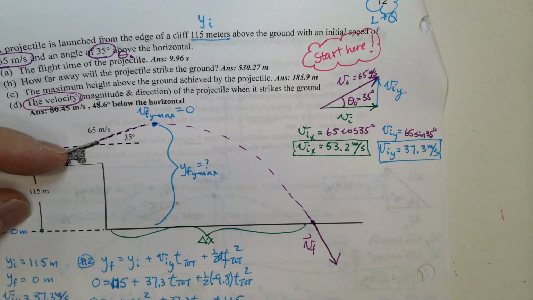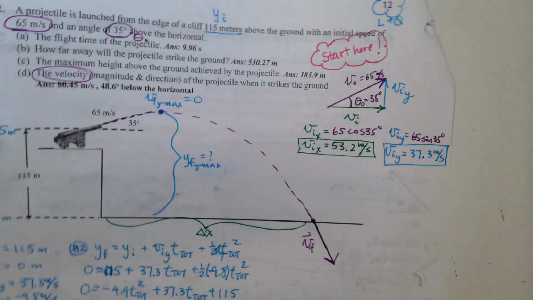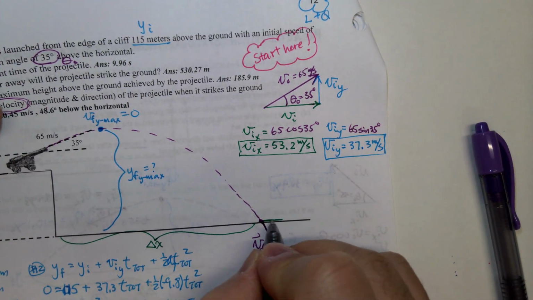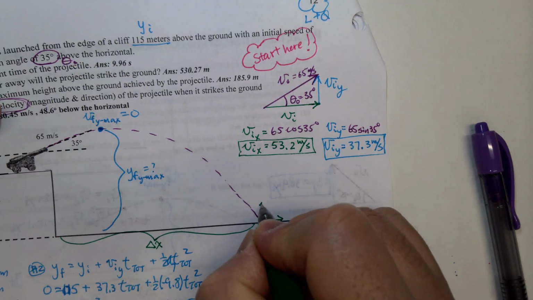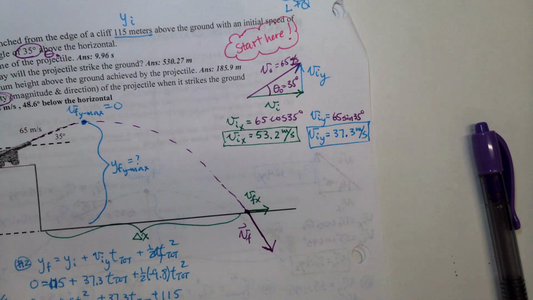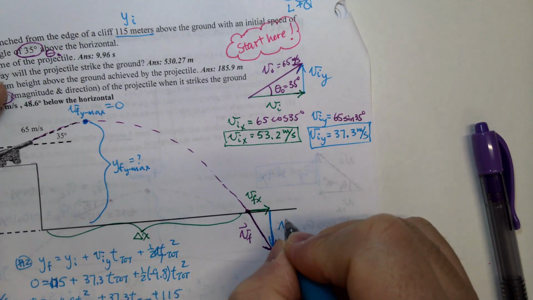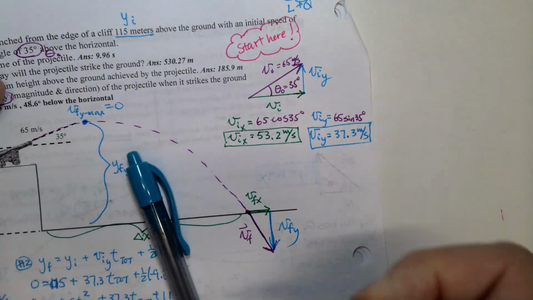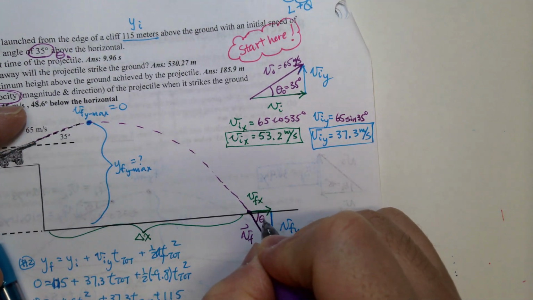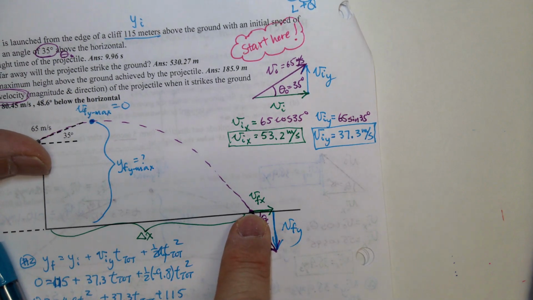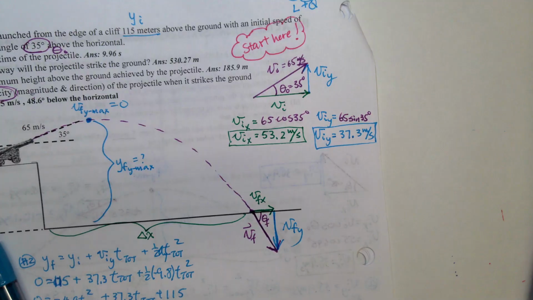And since it is going to be traveling at an angle, we know that this can be broken up into its VFX and VFY, right? And this angle here is my theta final. But we already know what this VFX is, don't we? What is it?